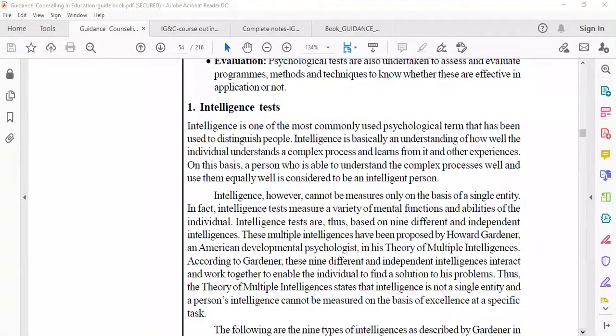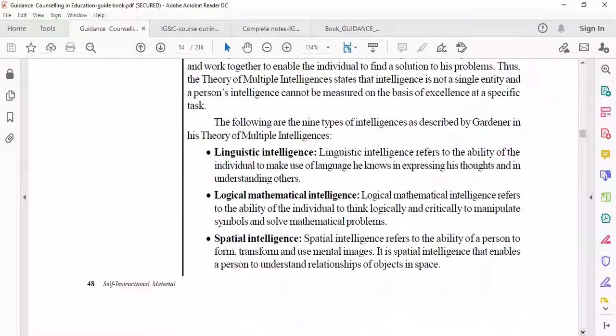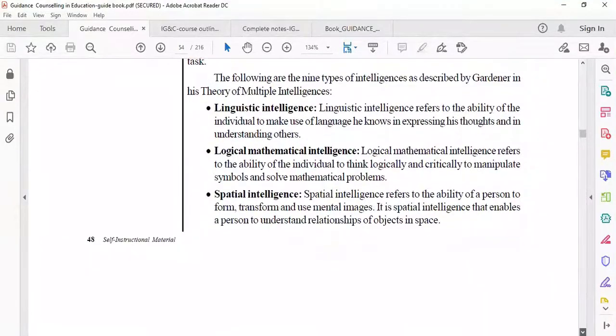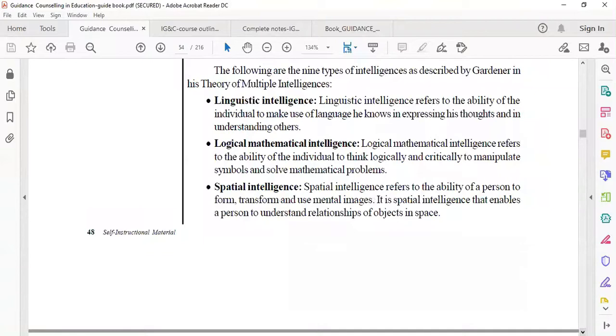As you know, intelligence tests include linguistic intelligence, logical and mathematical intelligence, because there is a theory of multiple intelligences. This theory was proposed by a very famous psychologist, Gardner. This theory is called Gardner's theory of multiple intelligences.